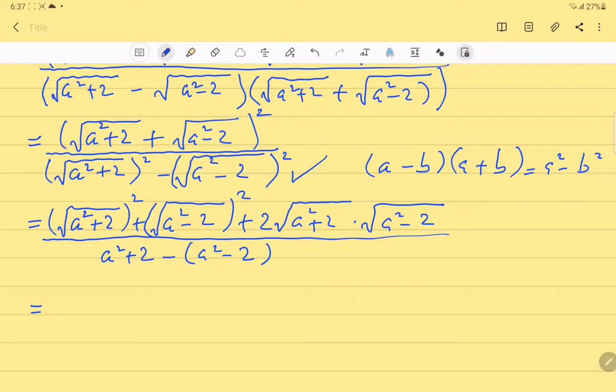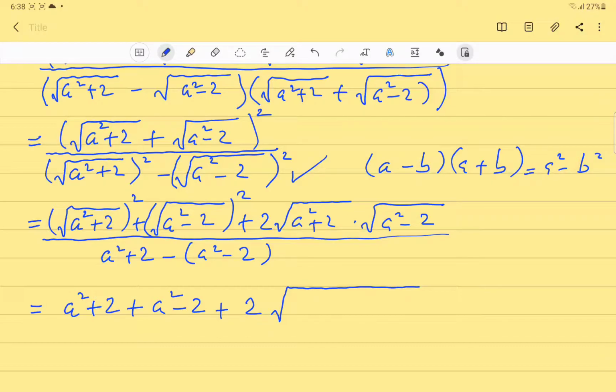In the numerator, again in the first term, square root will cancel with square, and the same will happen in the second term. If two square roots are multiplying with each other, they can be brought in under one square root.